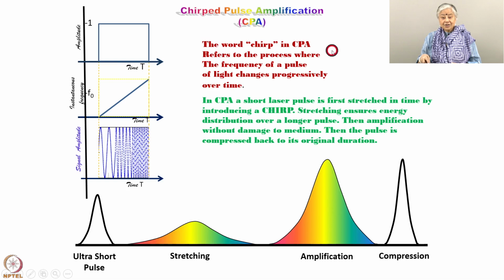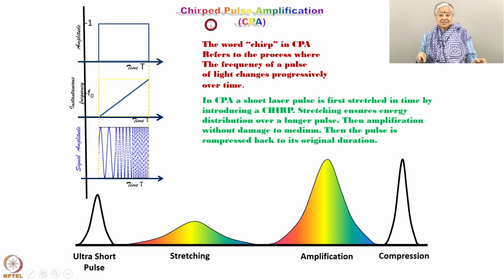They start off with one frequency of sound and go on to some higher or lower frequencies. There is a graded increase or decrease in frequency, which we call chirp. That is the analogy, and so this word chirped pulse has become usual for a laser amplification process.